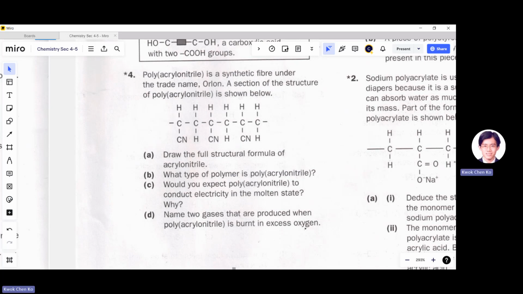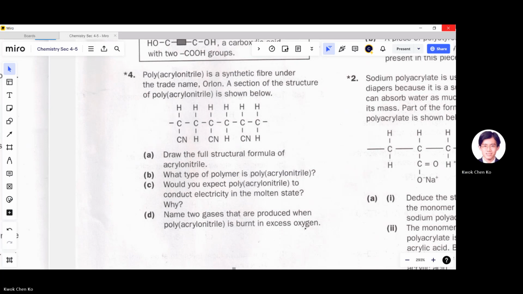Electrons? But does it have delocalized electrons? No. What's the second condition? Second possibility to conduct electricity: ionic compounds, because they have mobile ions.